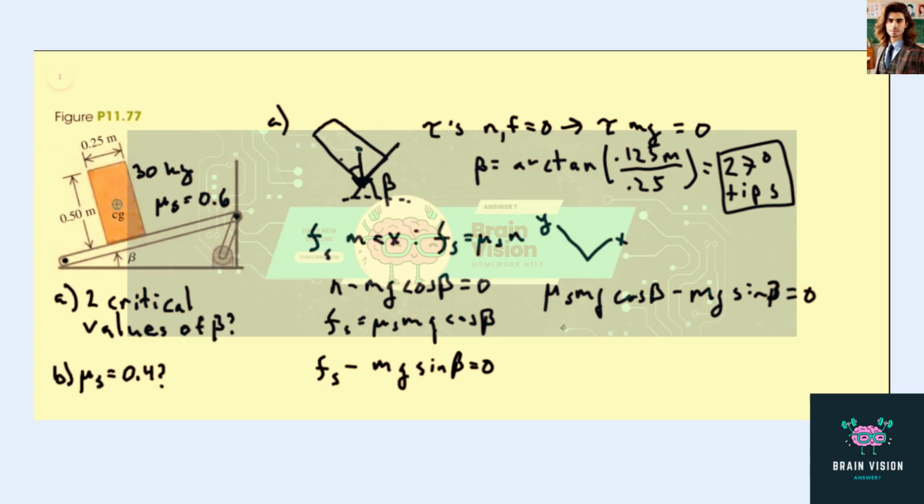And so then we can see that the tangent of beta is equal to the static coefficient of friction. And so if mu sub s has a value of 0.6, the angle is 31 degrees for it to slip.